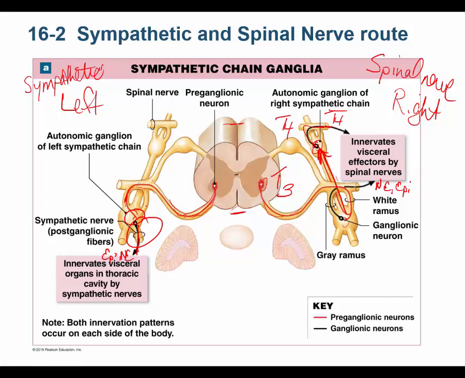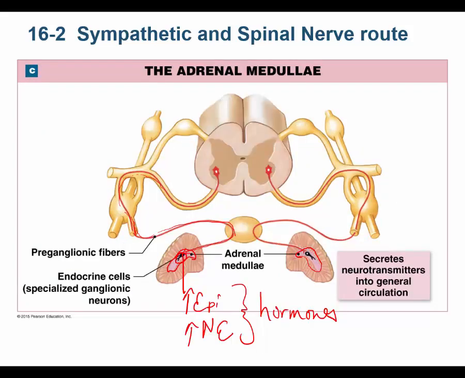So these postganglionic neurons all secrete epinephrine and norepinephrine. And all the adrenal medulla is, is these modified postganglionic neurons that secrete epinephrine and norepinephrine, but it's picked up by the bloodstream instead of by an effector gland or organ. And therefore they're hormones and they float around your blood and go to a target gland or organ.